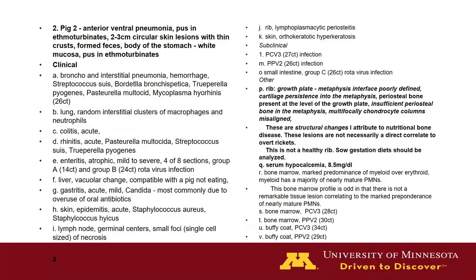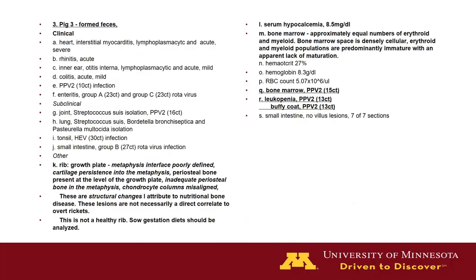And just keep looking at more of the pigs. We're finding more parvovirus. We get down to this pig. Looking at bone marrow, we're finding PCV3, finding PPV2 at 30, buffy coat, not unexpected.